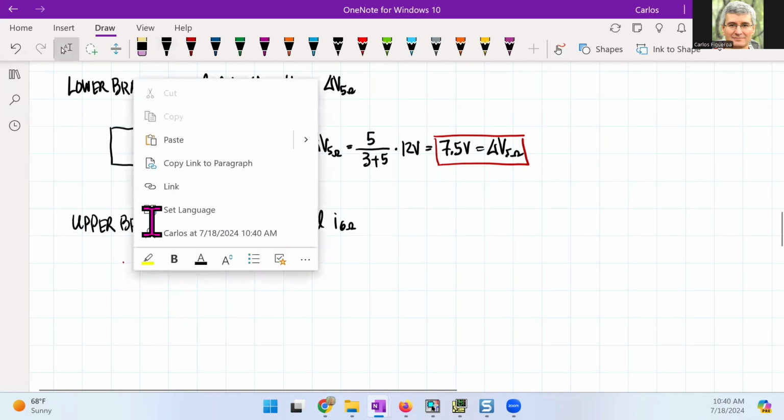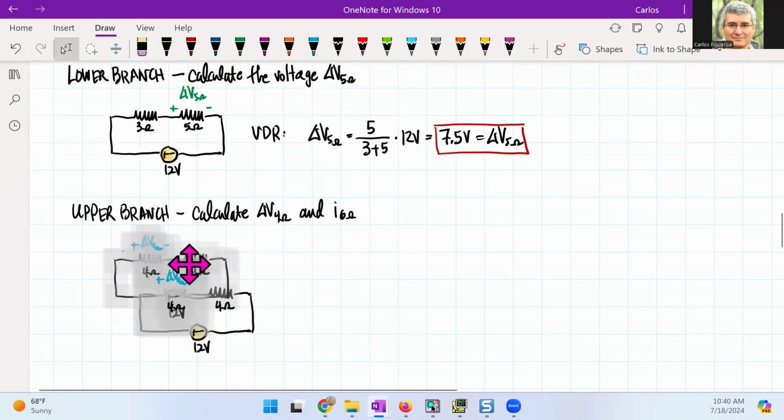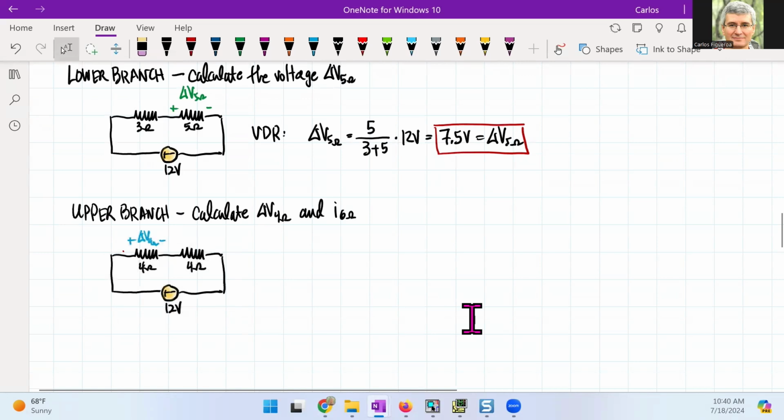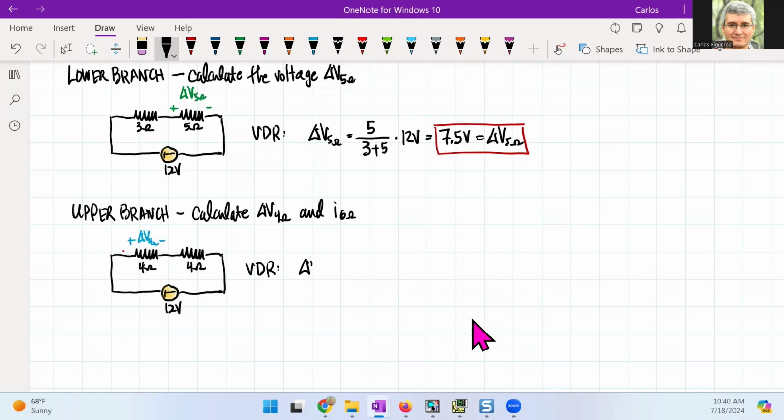I then put in my circuit. So I'm going to use VDR. So then VDR tells me here that the voltage of the 4 ohm is going to be 4 plus 4 divided into 4 times 12 volts.